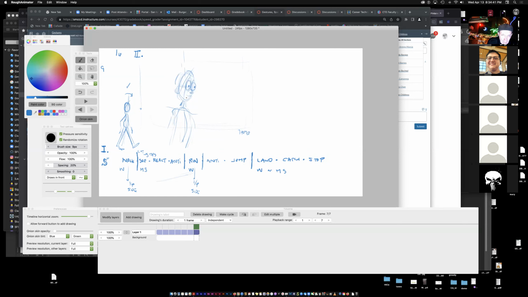All right, so reaction, and then we'll go over this in another couple weeks, but what does that reaction pose look like? How cartoony do you want your character to be?